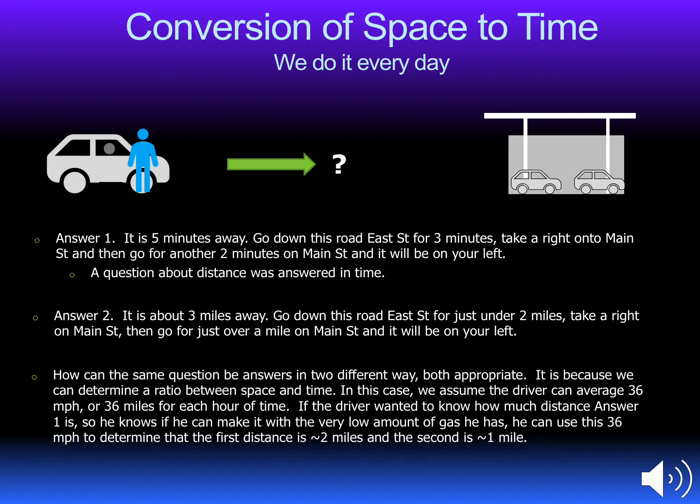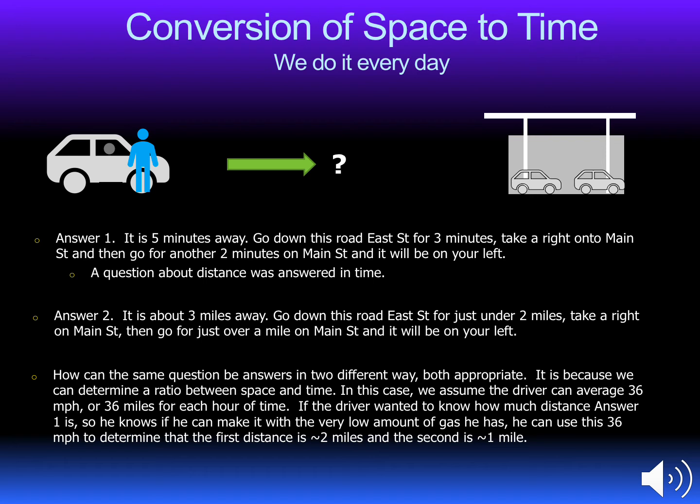So here we see where the same question can be answered in 2 different formats, and often we do that. And this is because we can determine a ratio between space and time. In this case, we assume that the driver can average maybe 35 or 36 miles per hour.